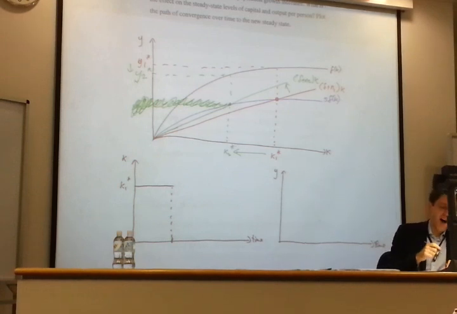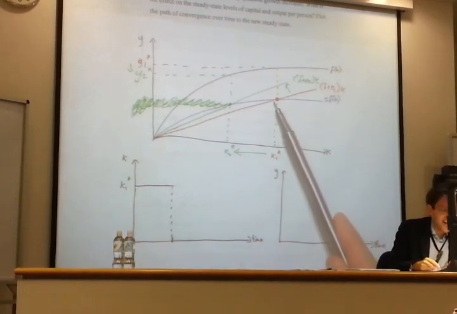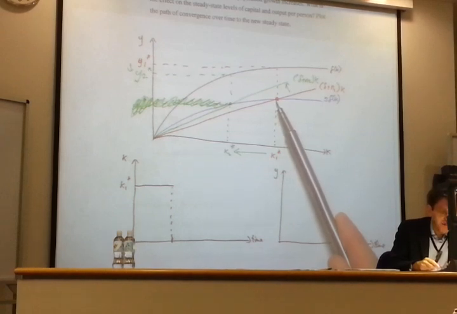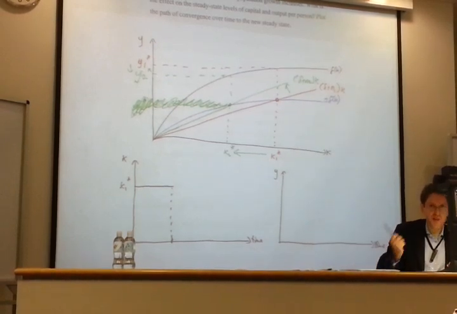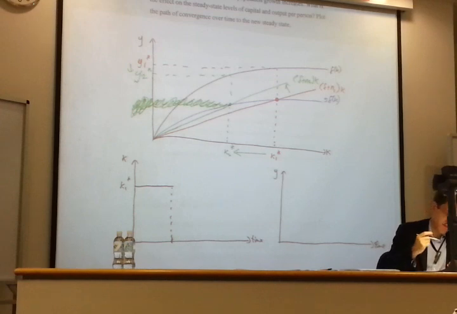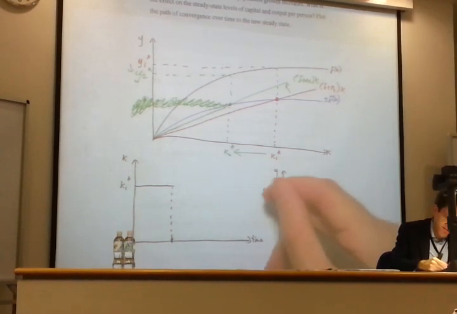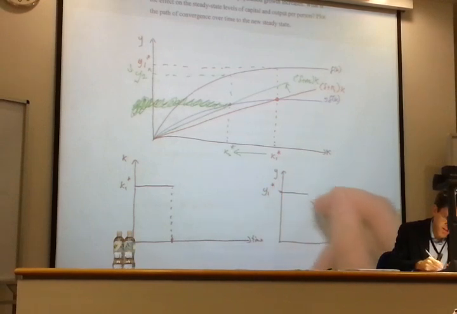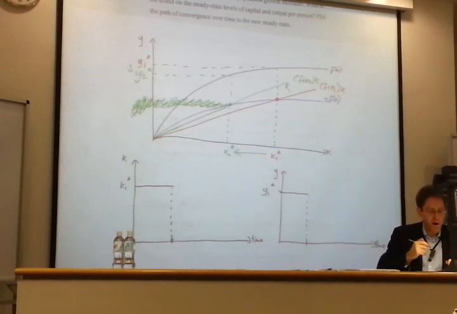So plotted against time, if the economy started in this steady state, before the population growth rate changed, it would remain there. Likewise, output, if nothing changed, would remain y1 star.